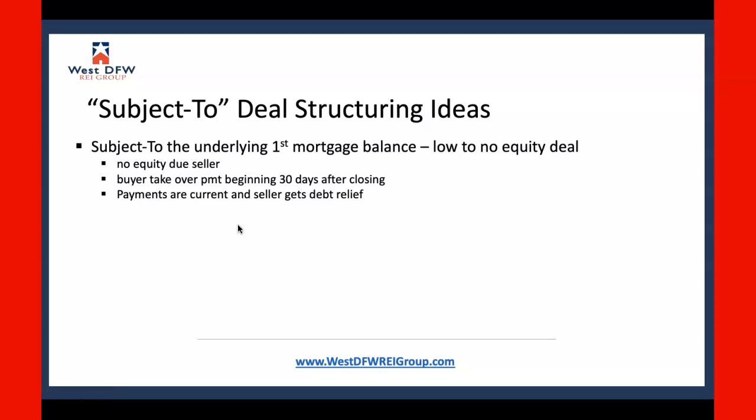In this case, the payments are current and the seller gets debt relief. That's the benefit to the seller in this scenario. And to you, the payments are current. The seller gets debt relief instantly when you close on this house.